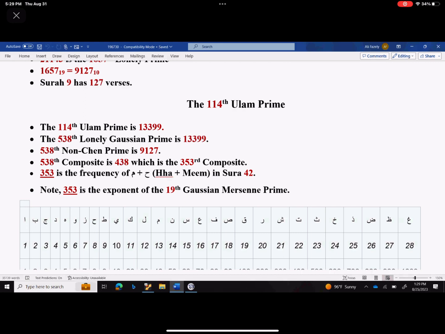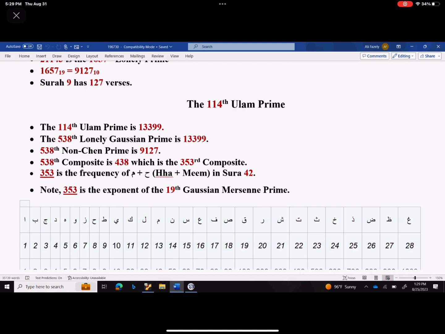And this is telling us today that if the Quran has 114 surahs, 9 is supposed to have 127 verses. But again, as I said, this message is for today, for this era, because we have this information at our fingertips.